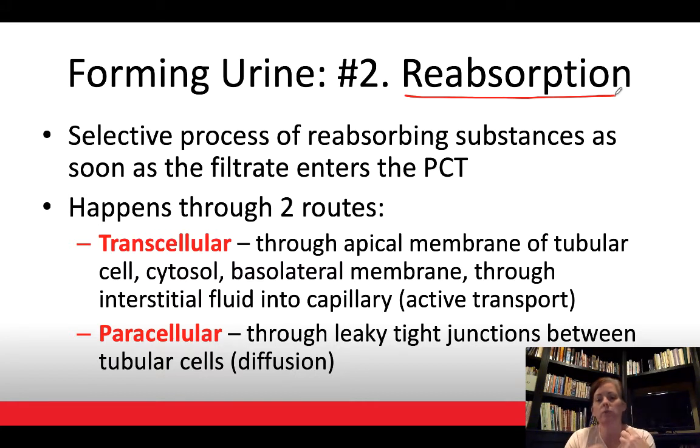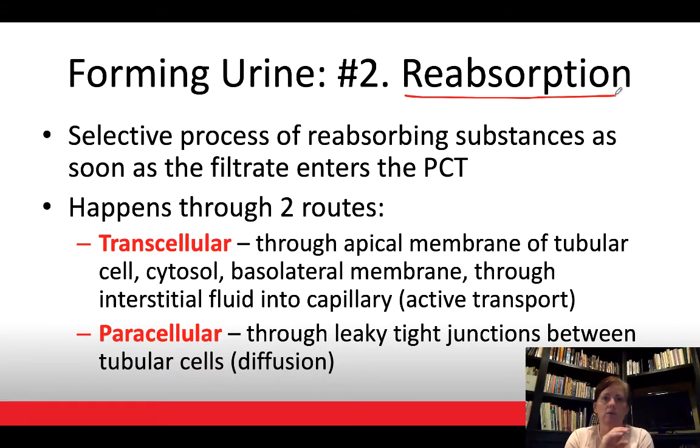So we want to reabsorb these substances and move them from the tubule system and bring them back into our body. If you remember from the anatomy of the urinary system, we had a capillary bed that surrounded the nephron.